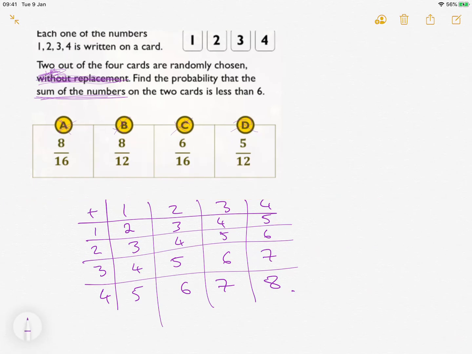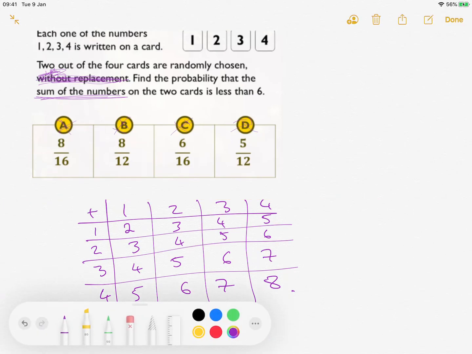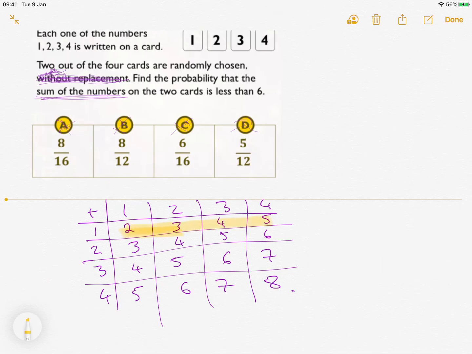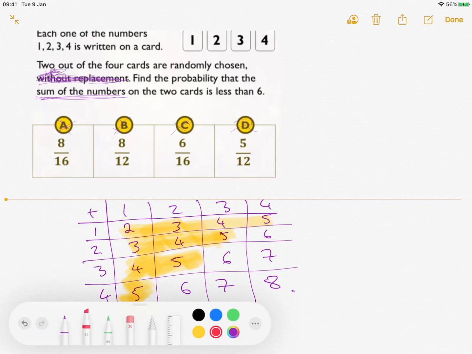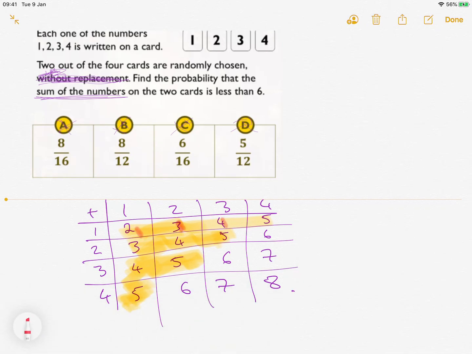So find the probability that the sum of numbers on the 2 cards is less than 6. So let's just highlight all the bits that are less than 6. All these numbers are less than 6. All of these numbers, but not that last one, are less than 6. That's less than 6. And that's less than 6. So let's count all those up. 1, 2, 3, 4, 5, 6, 7, 8, 9, 10.